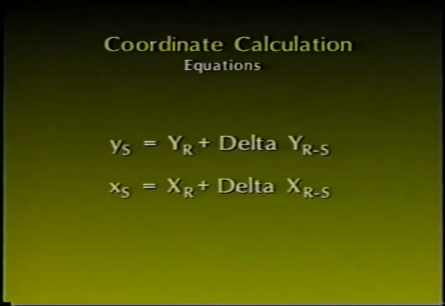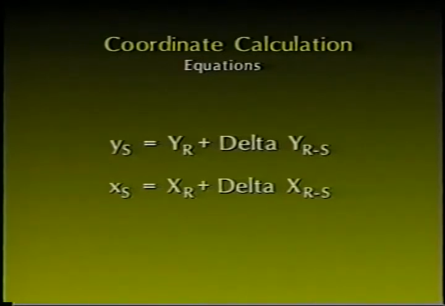Coordinates for survey points are computed by algebraically adding the delta y and delta x of each succeeding course to the coordinate value of the starting point, or the point of beginning of the survey. This graphic illustrates the equations used to calculate coordinates of survey points starting from a coordinated survey station.